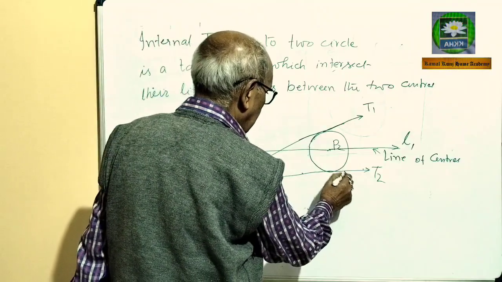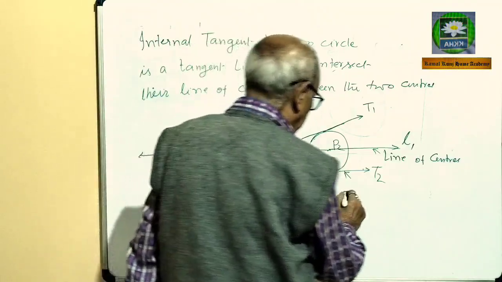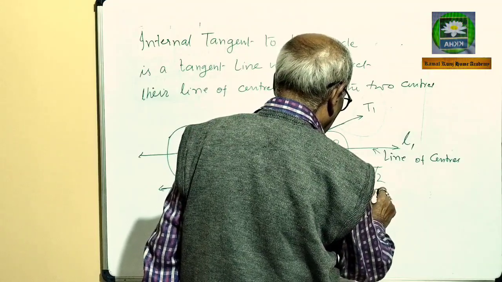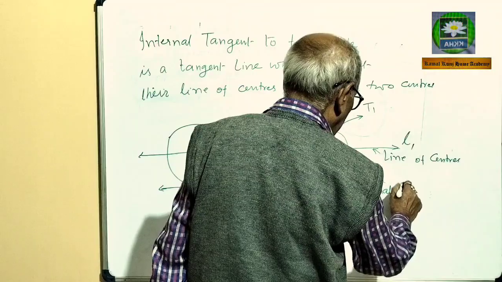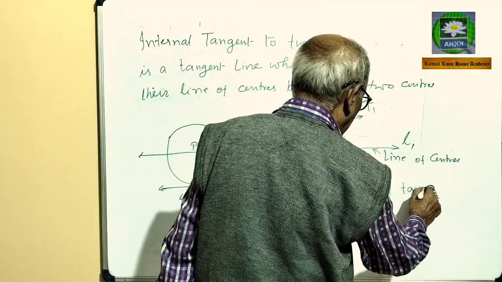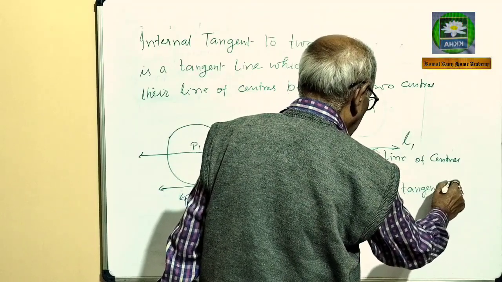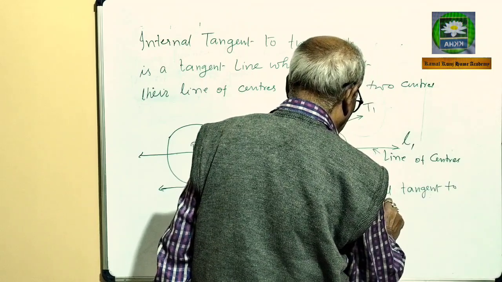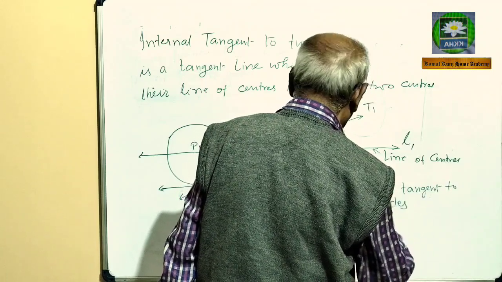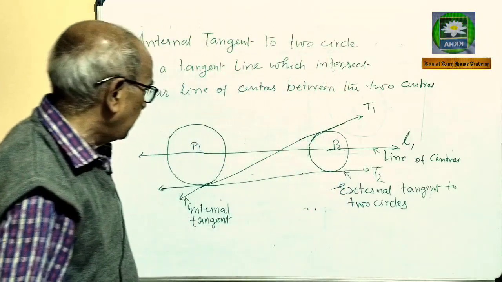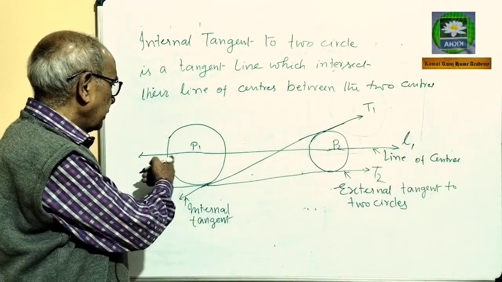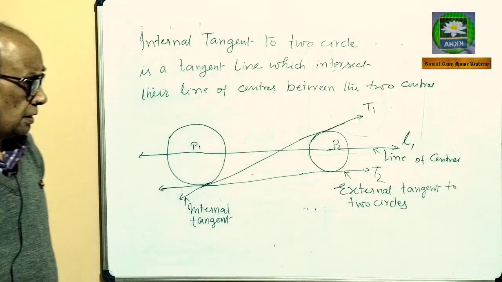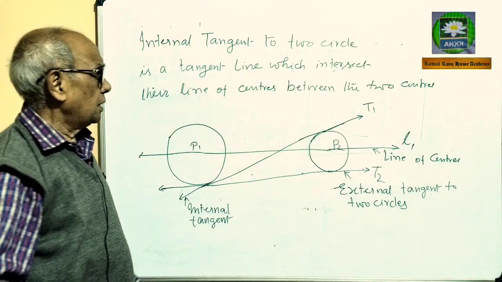When a tangent to two circles does not intersect the line of centers between the centers, it is called an external tangent to two circles.